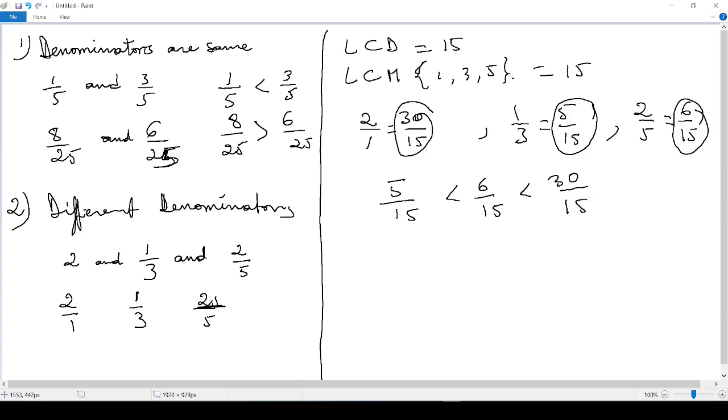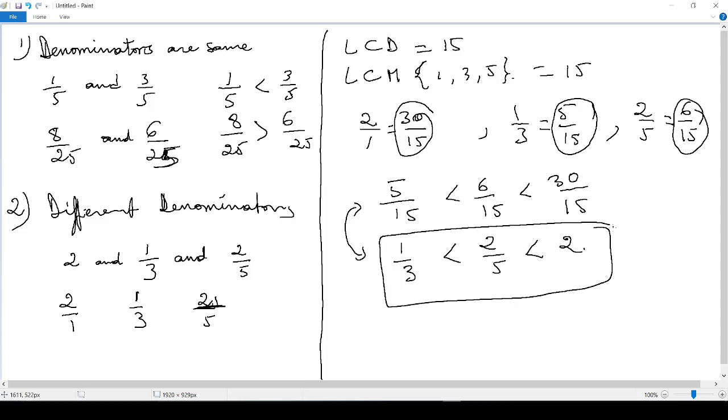That is the same as saying 1/3 is less than 2 over 5, which is less than 2. So we keep this as our final answer.